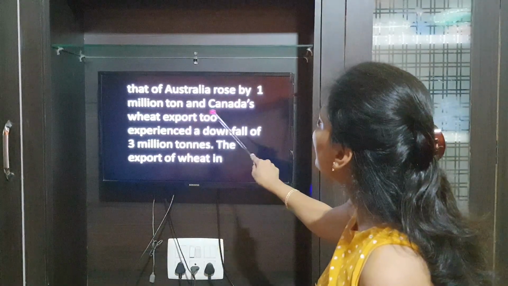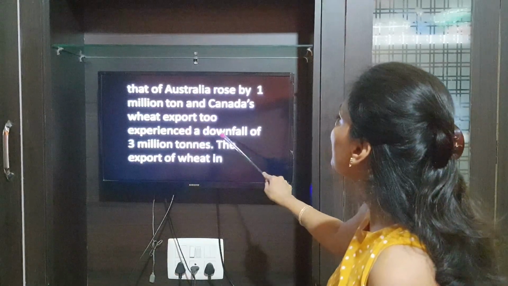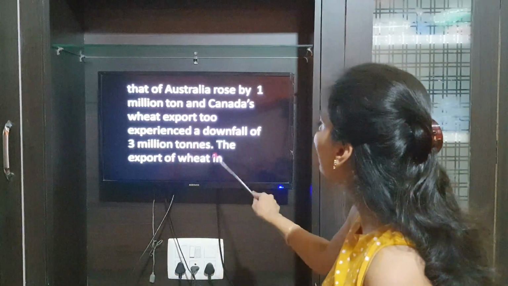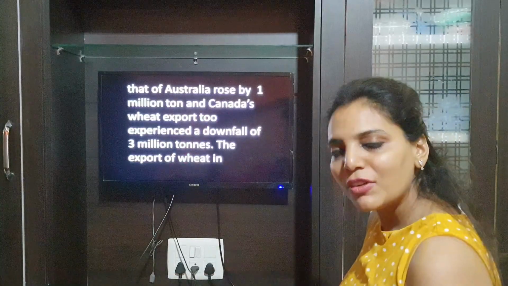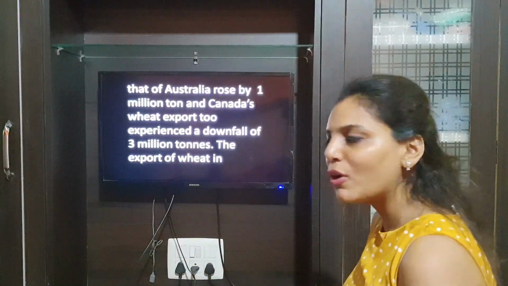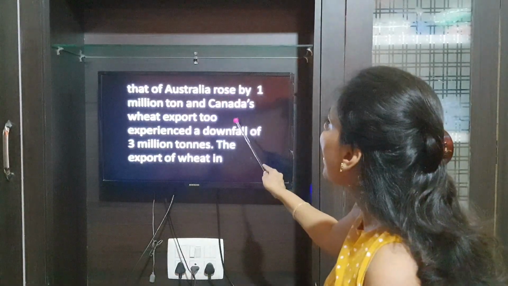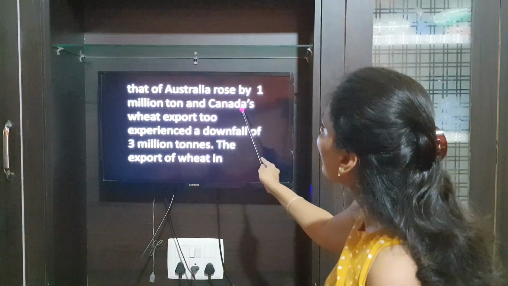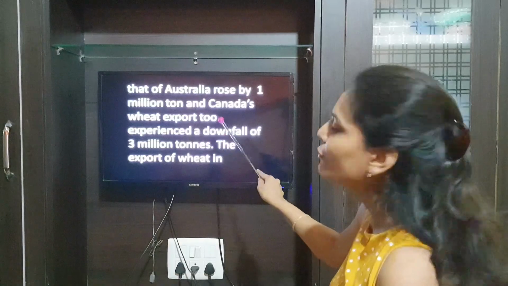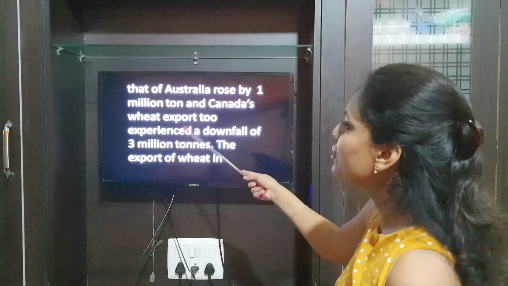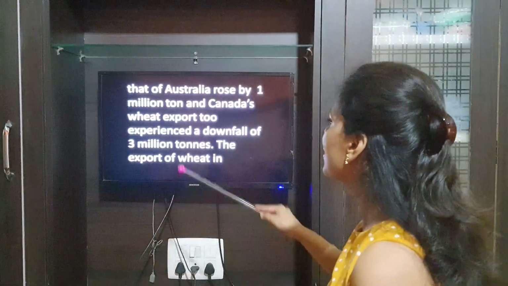And Canada's wheat exports too experienced a downfall of 3 million tons. The wheat exports of European community had fallen, and rose means increased, right? And the wheat exports of Canada also had a downfall, means decrease. Experienced means it also decreased. How much?